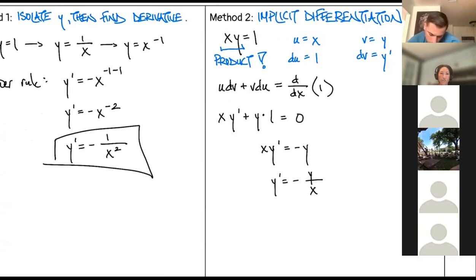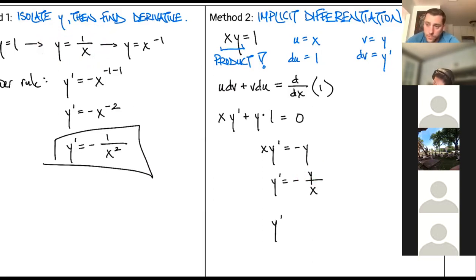Well, that still doesn't look the same as what we had before. We have one last thing that we can do to make them the same. And that is, remember when we said y equals 1 over x? Everywhere we see the y, we're going to put 1 over x.